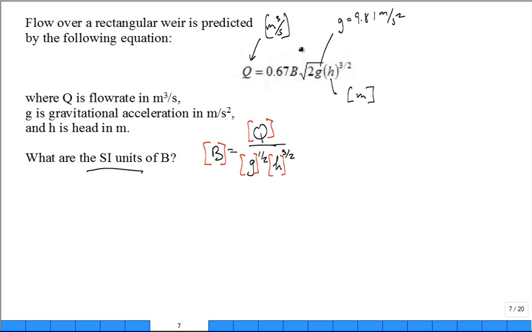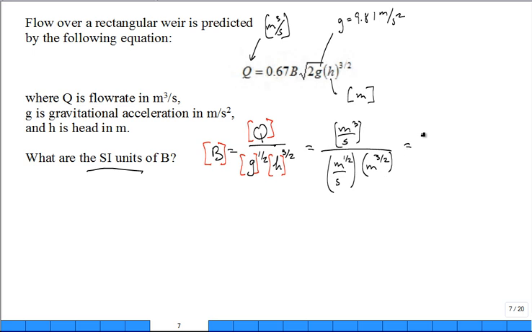Now I substitute and I say, okay, this is meters cubed per second. And then I have G, that's meters per second squared. But I have that to the 1/2. So this becomes just S. And then I have H, which is meters to the 3/2. So far, so good.